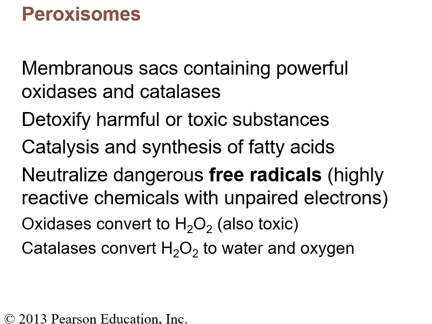So catalysis means breaking down, being able to neutralize things that would ordinarily be harmful to the cell, free radicals, highly reactive chemicals. These oxidases and catalases convert something that may be toxic into something that's harmless. So peroxisomes, detoxification of dangerous substances.